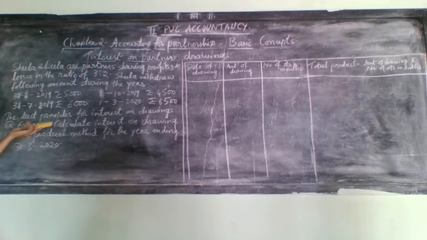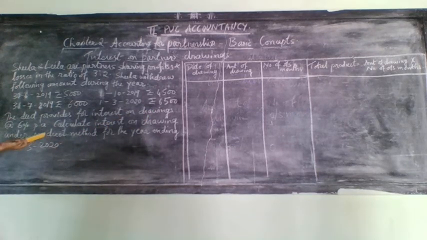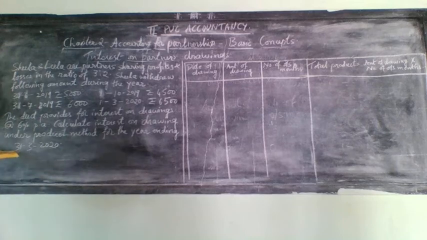The deed provides for interest on drawings at 6% per annum. Calculate interest on drawing under the product method for the year ending 31st 3 2020.